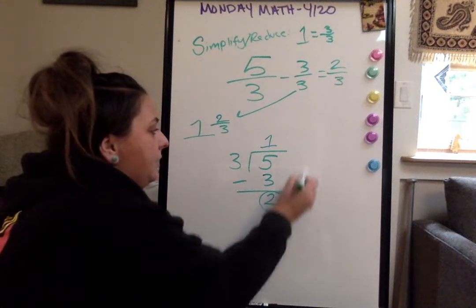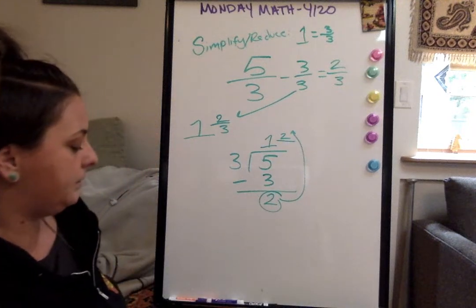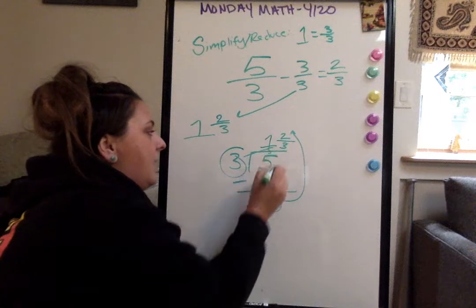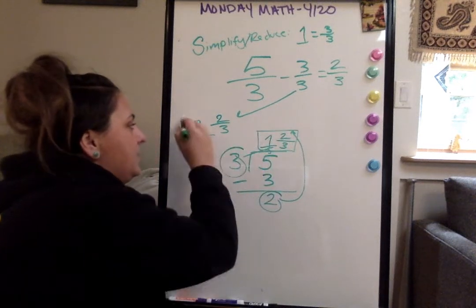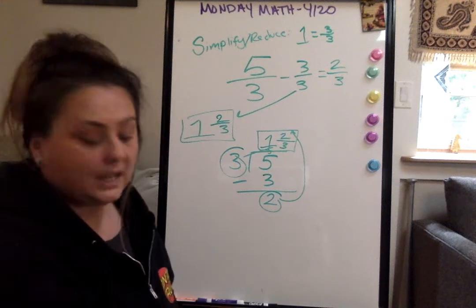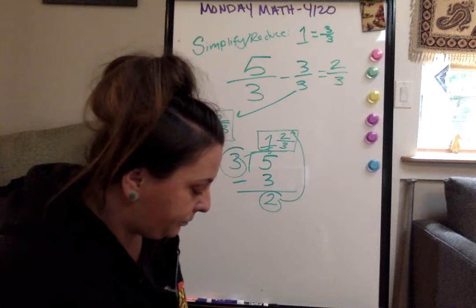Your remainder becomes your new numerator, and your denominator stays your divisor. So we have 1 2/3 here and 1 2/3 here. 2 ways to get the same answer. Whatever way you like is perfectly fine.